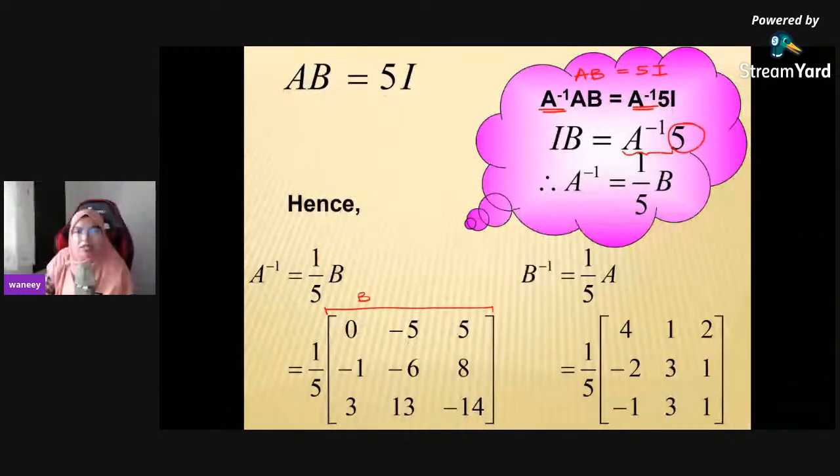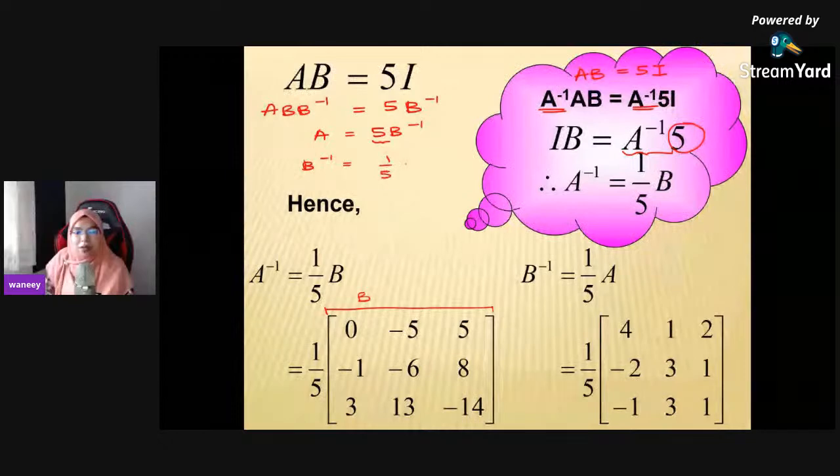AB is equal to 5I, so multiply by B inverse on the right. B times B inverse is simply I, so A is equal to 5 B inverse. In order to get rid of the 5, I multiply by 1 over 5. That is how B inverse is 1 over 5 multiplied with A.